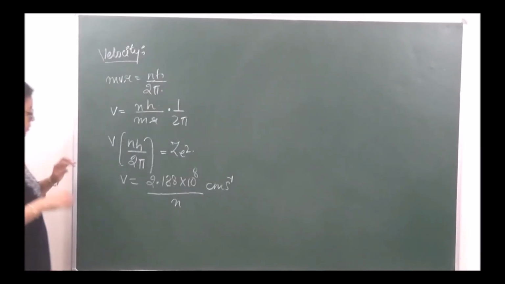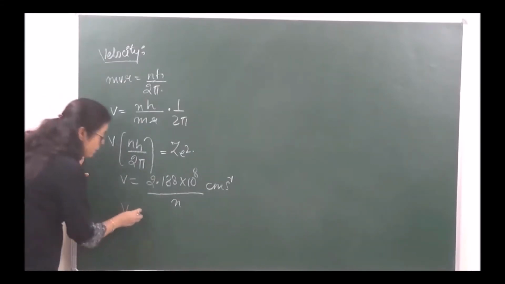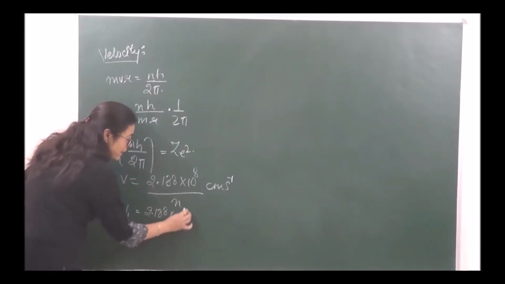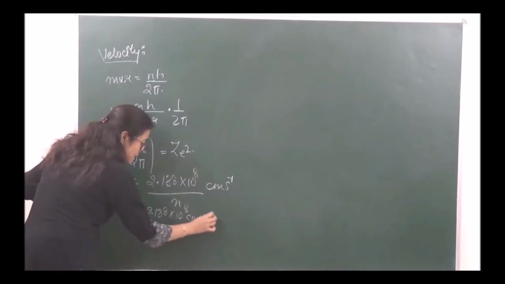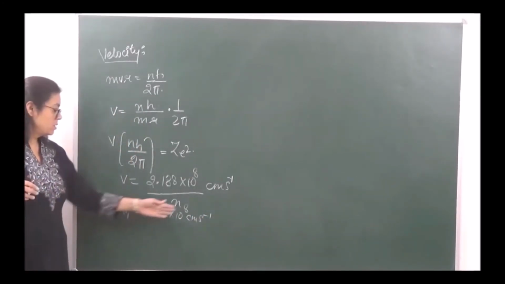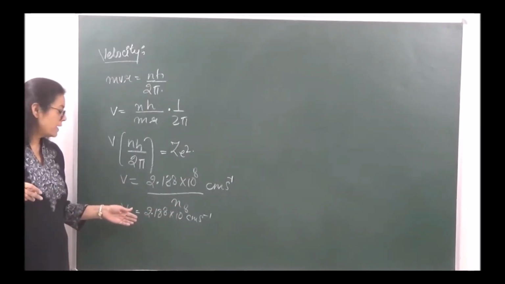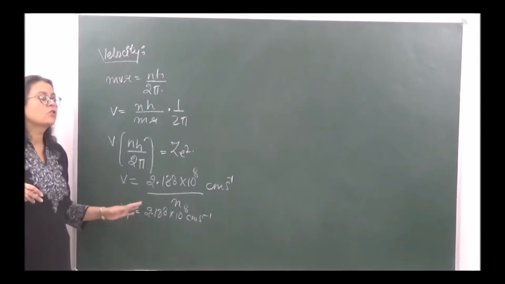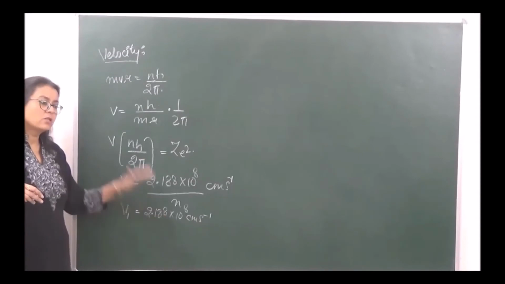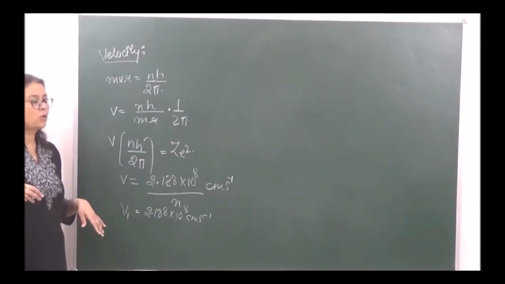So if you are taking the velocity of the electron in the first shell, v1, that will be equal to 2.188 into 10 raised to power 8 centimeters per second. So it is almost traveling with the velocity of light. The velocity of light is 3 into 10 raised to power 8 meters per second. This is centimeters per second. So it is slower than light.